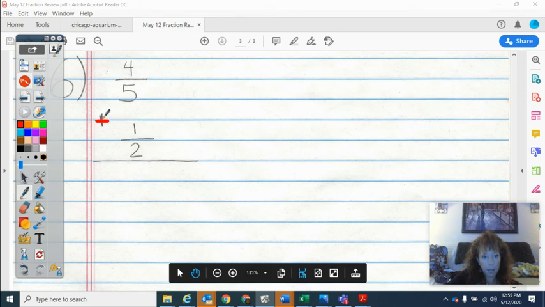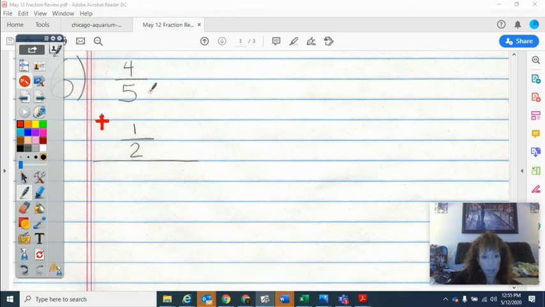I'm adding. Check my denominators, not the same. Not like denominators. So I know I'm going to have to change them to have a like or common denominator, the same number.